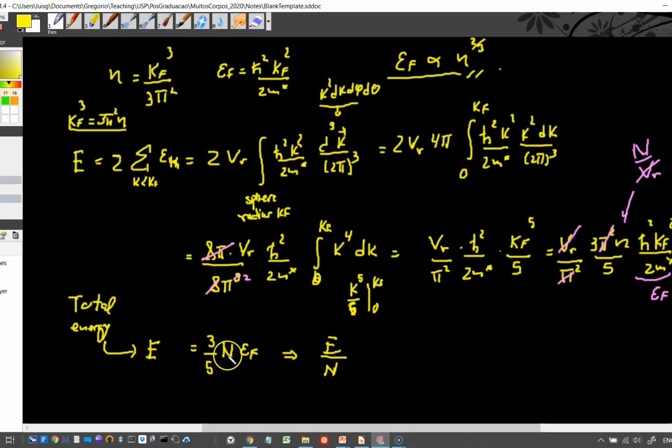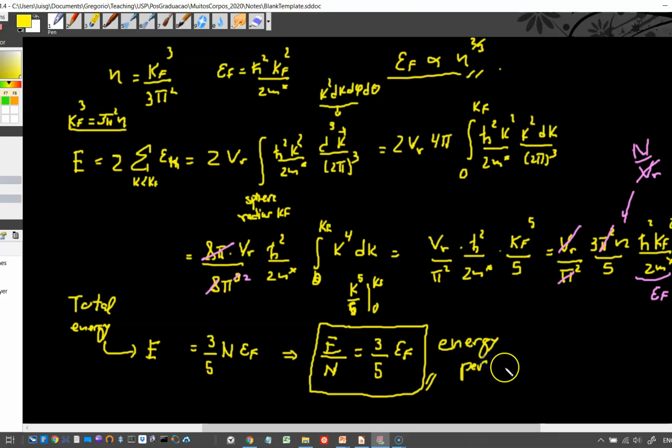If you keep adding particles to my ground state, the energy increases. But if I calculate the energy per particle, that's 3/5 of the Fermi energy. So that's not the Fermi energy, it's 3/5 of it. So this is an important result, the energy per particle.